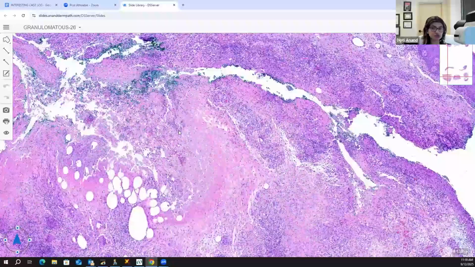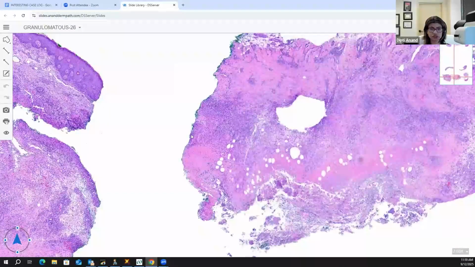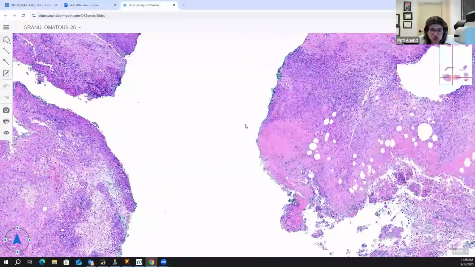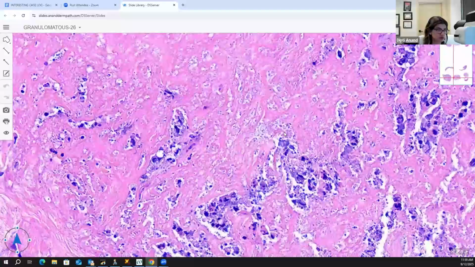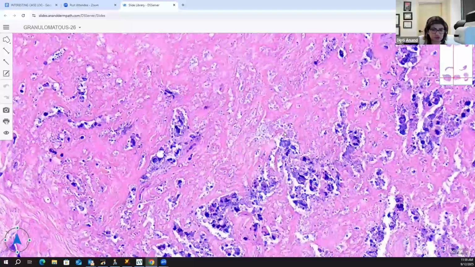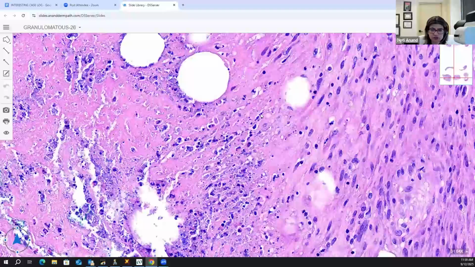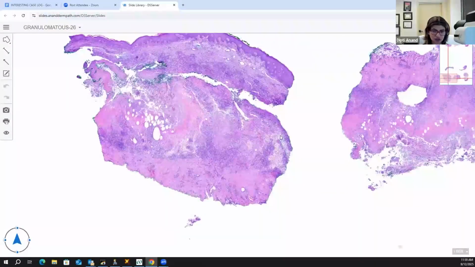Can everybody get to that, what I said? This is when you start worrying about an infection. These features should make you worry about an infection. You see all this necrosis? You see how this neutrophil debris is there with the necrosis and the suppuration and the granulomas and the necrotic stuff.